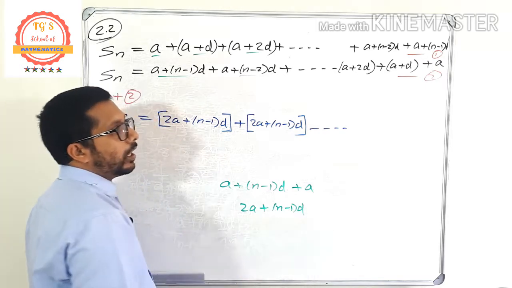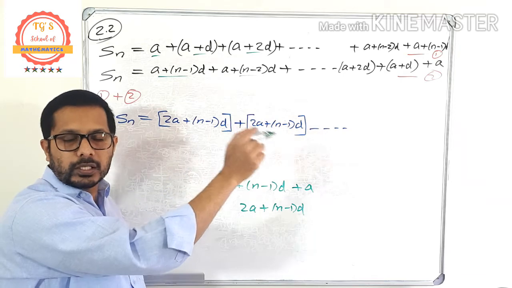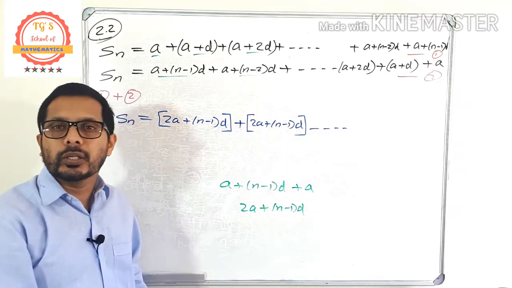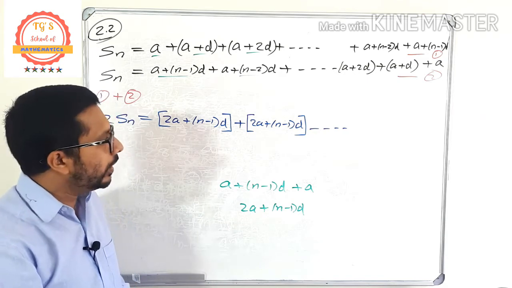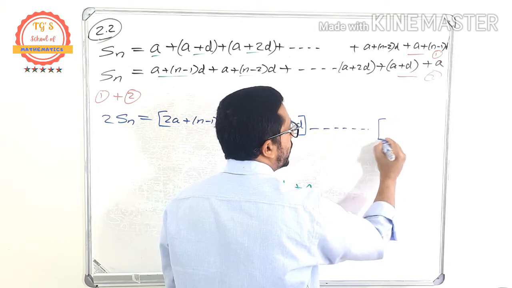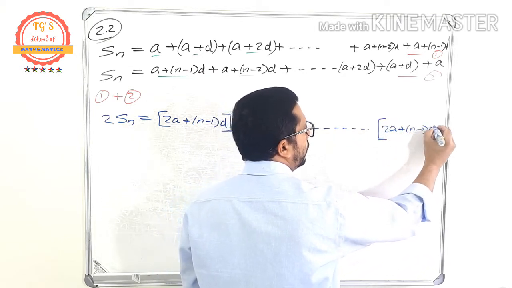That means if you add the last term of the first equation and the last term of the second equation, there also you are getting 2a plus n minus 1 into d. So it is continuing like this, and the last term is also 2a plus n minus 1 into d.